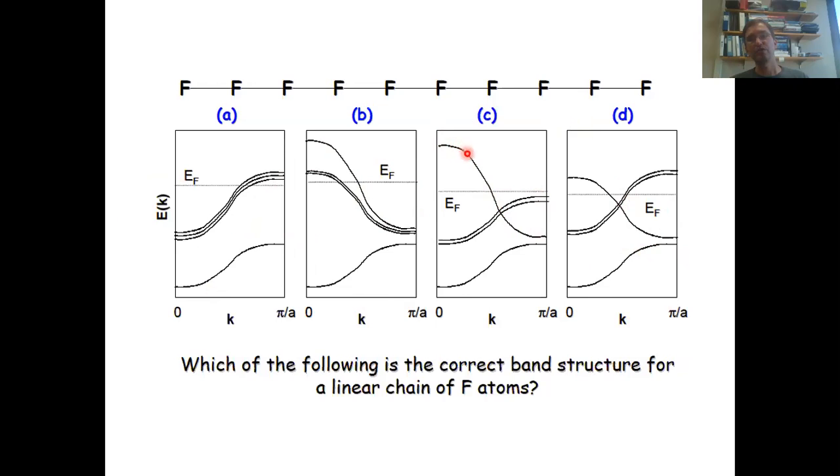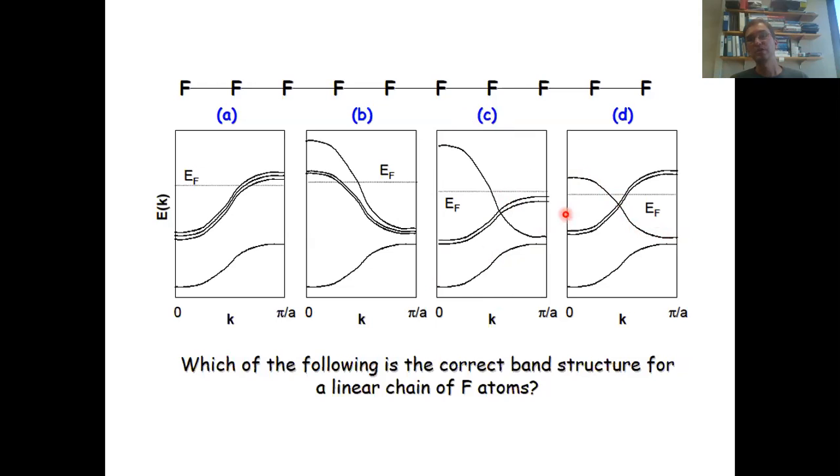you can see that for the case C, the bandwidth is larger than for D, when you look at the band that is formed from the sigma overlap of the 2p orbitals. So now C is correct. That is because sigma orbital overlap is stronger than pi orbital overlap, which means that the sigma band must be wider than the pi band.